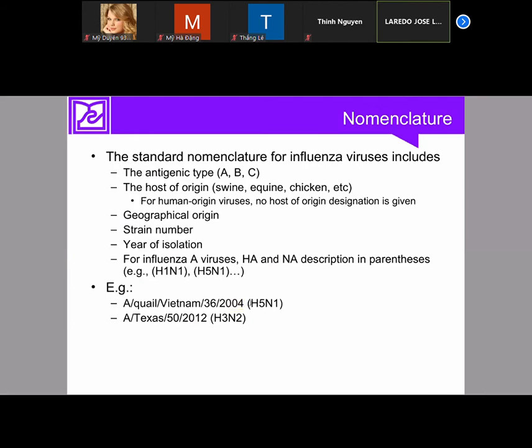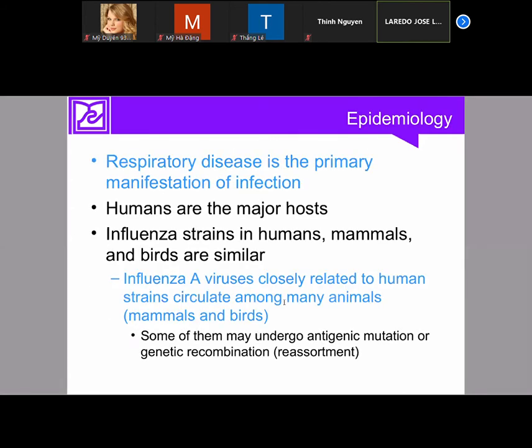And finally, the type of hemagglutinin and the type of neuraminidase, in this case, H5N1. This strain of influenza A that I show you here, this is real. This is a typical influenza A strain that infects some birds. So influenza viruses are respiratory pathogens, mostly for humans, but they may be also found in mammals and in birds.